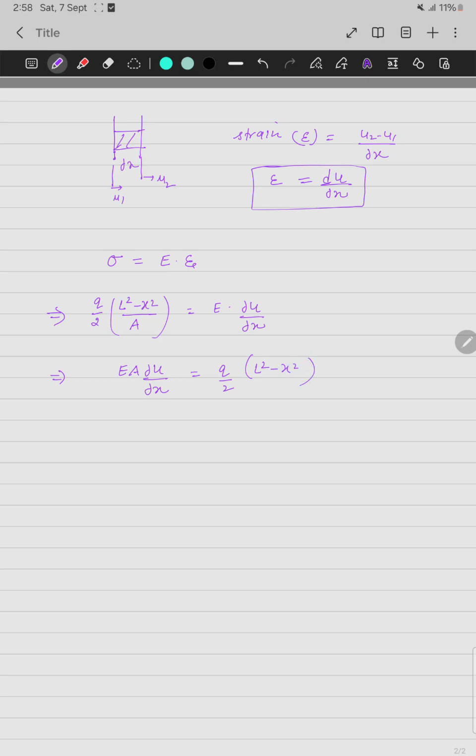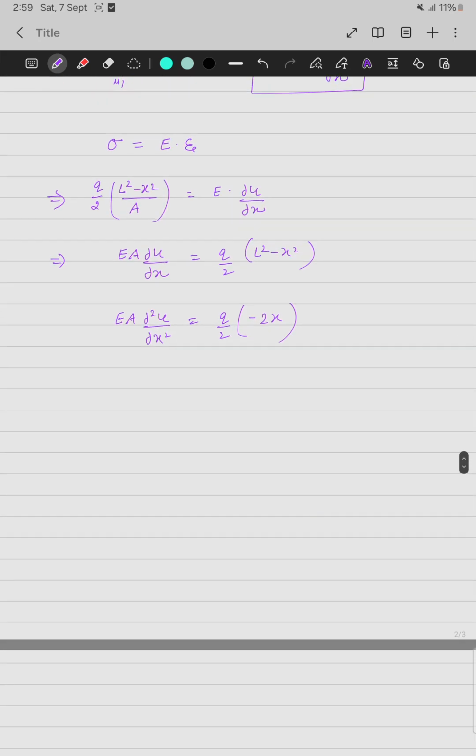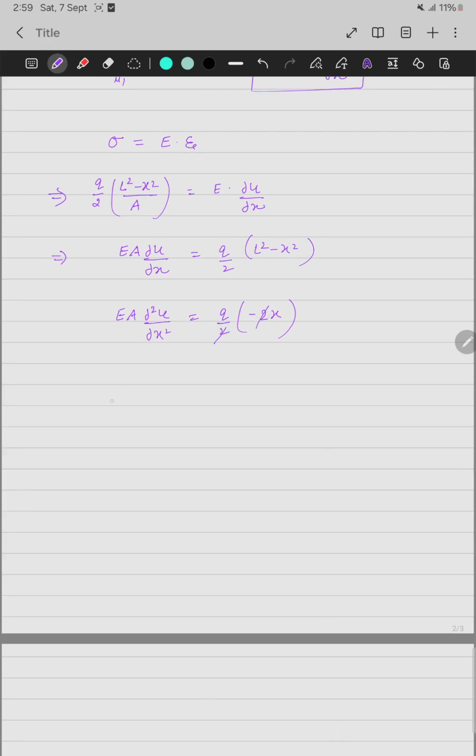Okay, now we can differentiate it once with respect to x. Since area is constant and E is also constant, I can write EA del 2u by del x2, and on the right side I will get q by 2 times minus 2x. Now this 2 will cancel, and we will get an equation like EA del 2u by del x2 plus q times x equals 0.